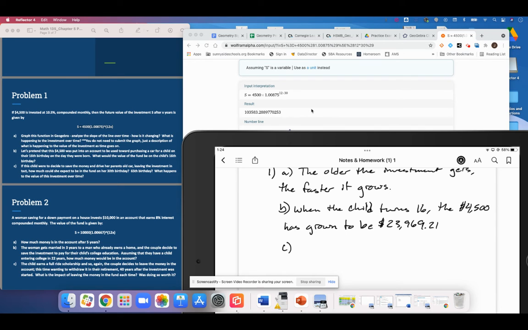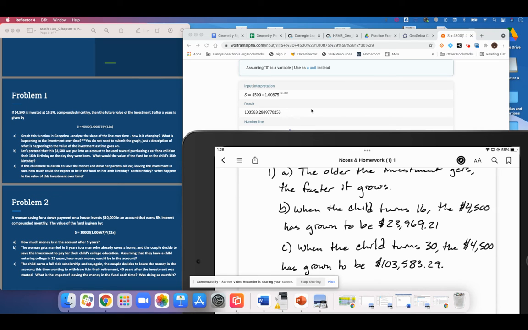So when the child turns 30, the $4,500 has grown to be $103,583.29.